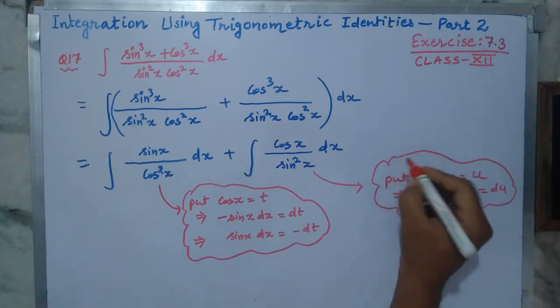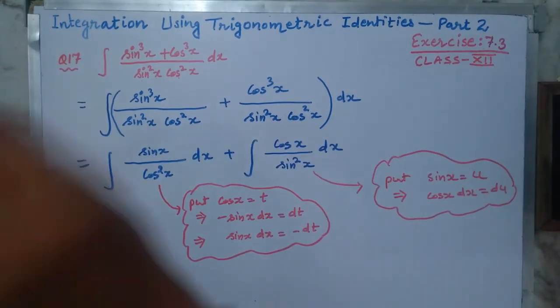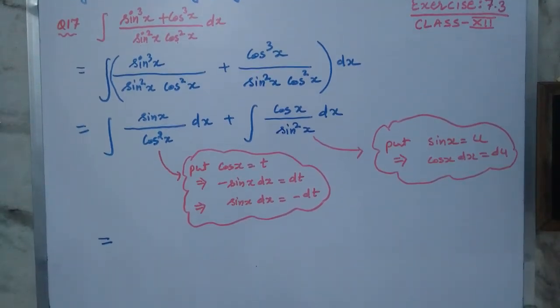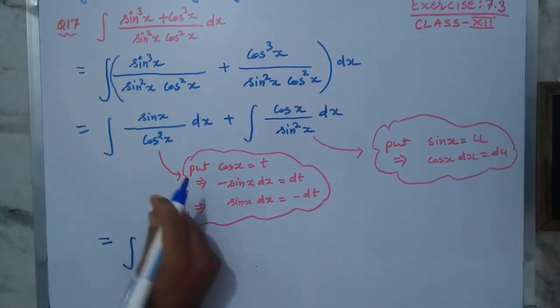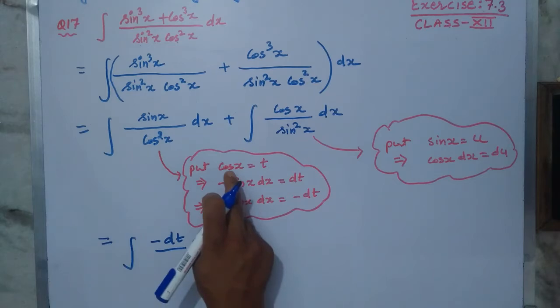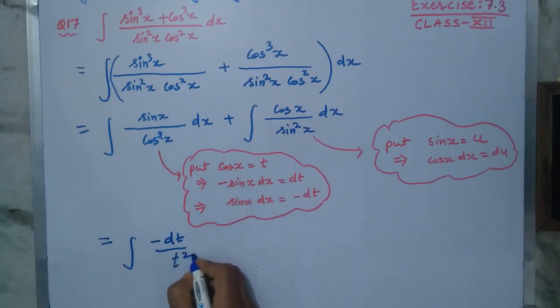Now we follow this rule. First integrand becomes integration of sin x dx, which means minus dt, whole divide cos square x, which means t square.